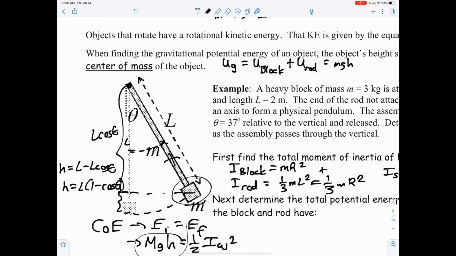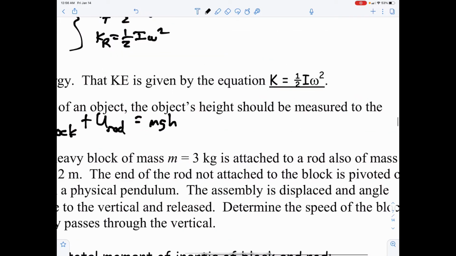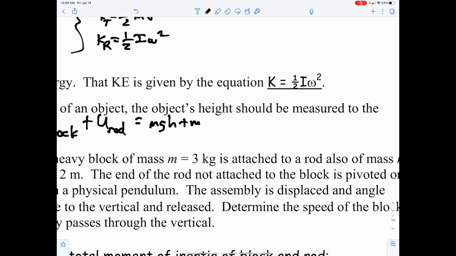And that's exactly where it's going to get to over here. So it would be M times G times H over 2, because it's half of it. So MGH plus MGH over 2 is 3 halves MGH. That is the potential energy for the system.